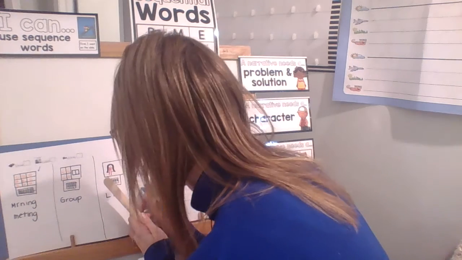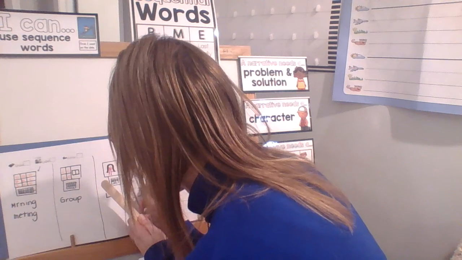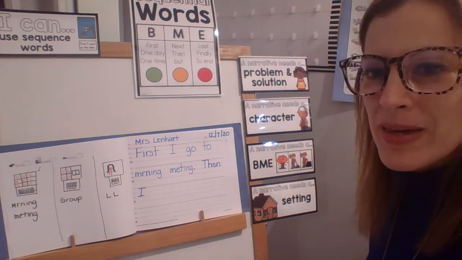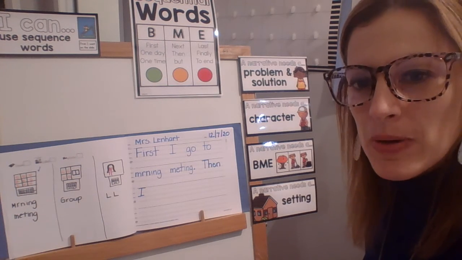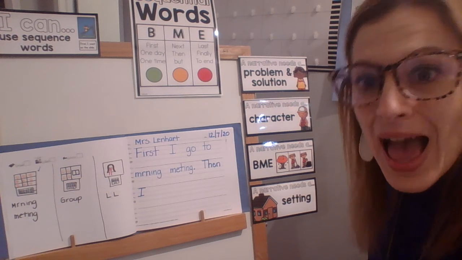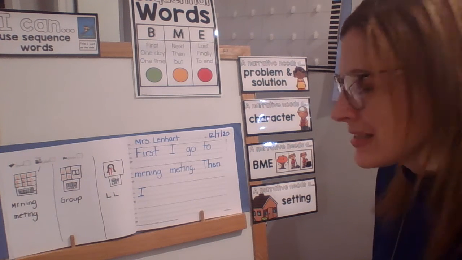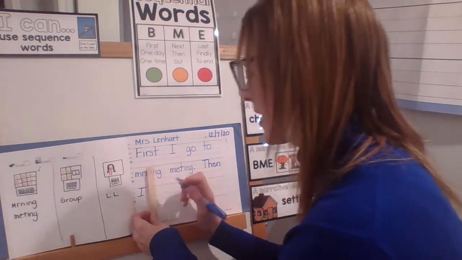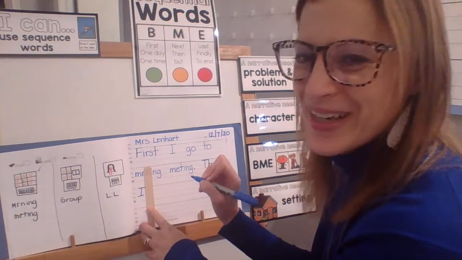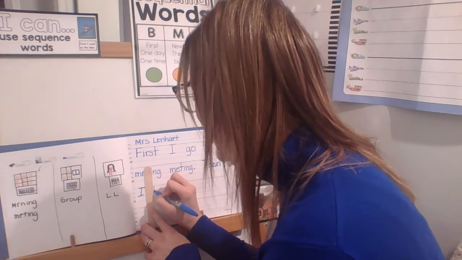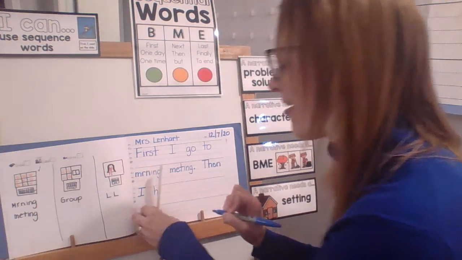Now, instead of saying go to, we maybe want to change it up a bit. Maybe we can say, then I have my small group. All right, so why don't we put our space stick after I, and I'm thinking a little bit ahead, and we're going to write an H for have.